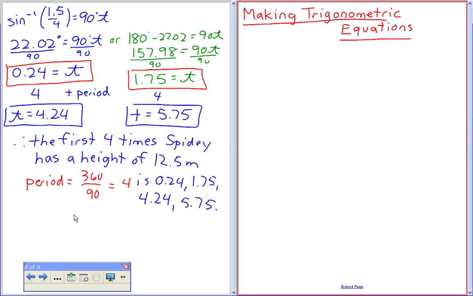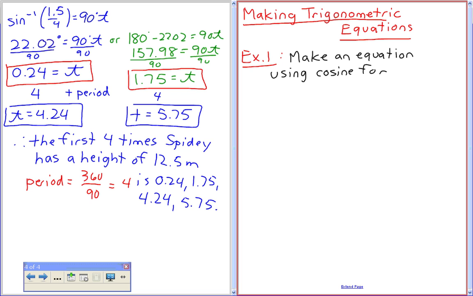Example 1. Make an equation using cosine for the following.